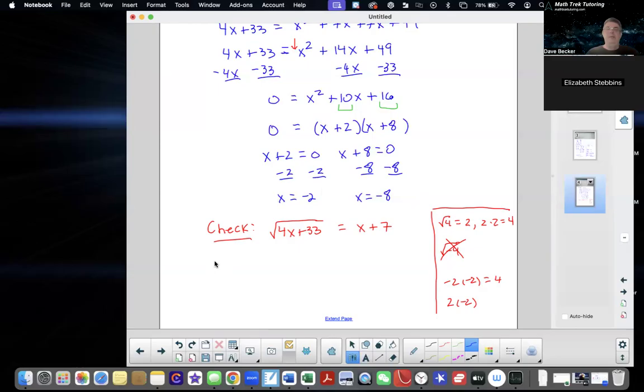Oh, okay, so let's check her out. So this would be square root of 4 times -2 plus 33. And does it equal? I put a question mark because I'm checking it, but you don't have to if you don't want to.